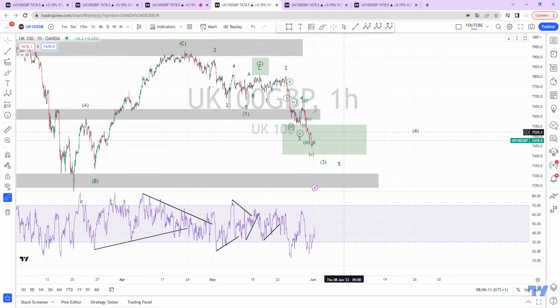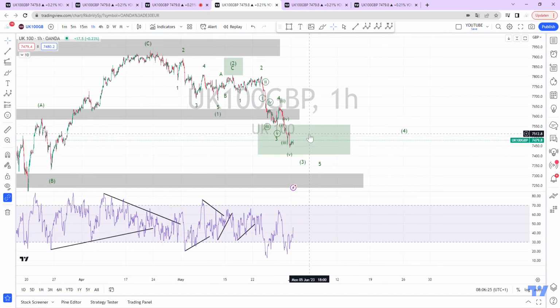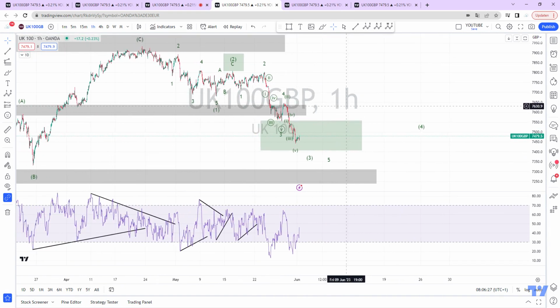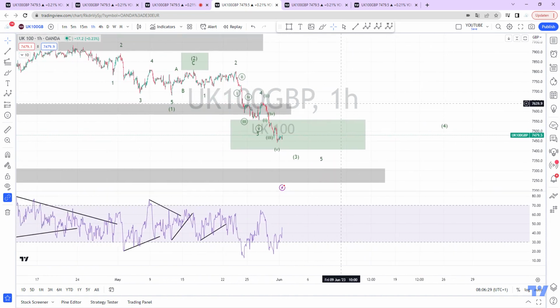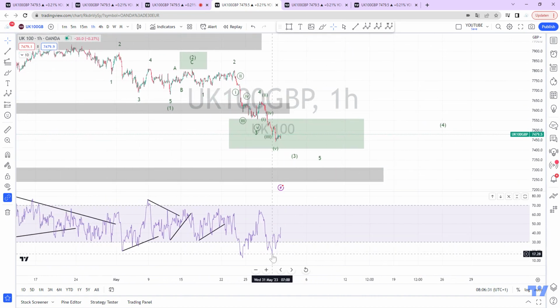So here this is typically an area where buyers and sellers, so the bears and the bulls, typically agree, and so we might see a reaction to the upside from this area. And if we look, we also start to see RSI divergence, which is very good.